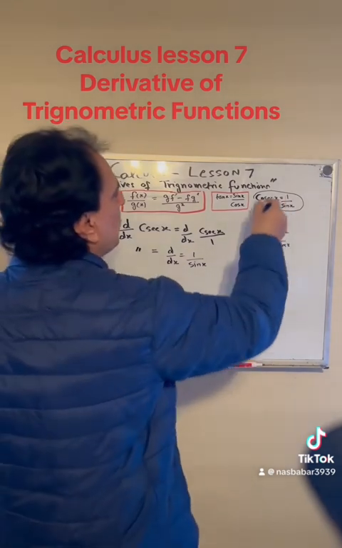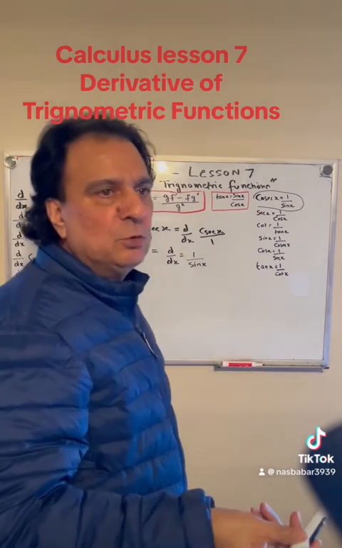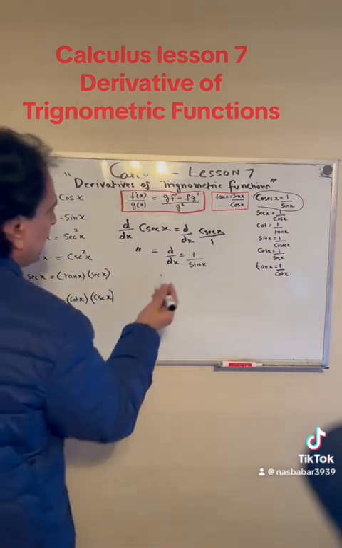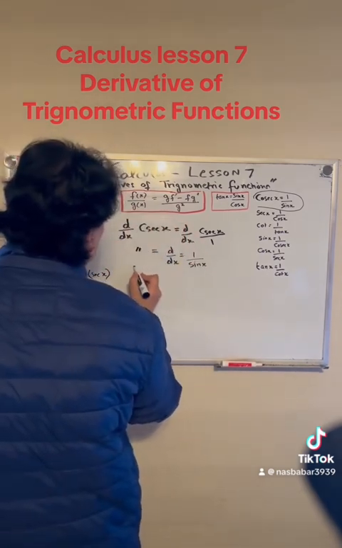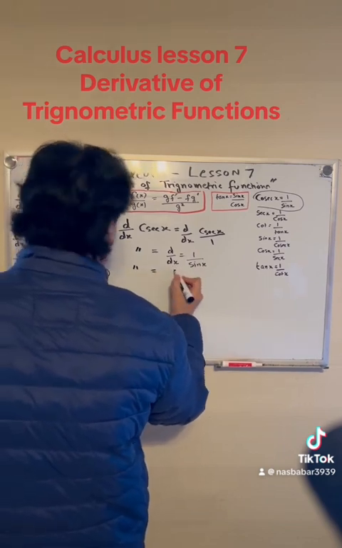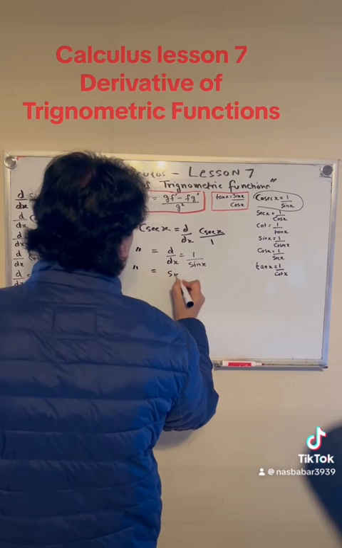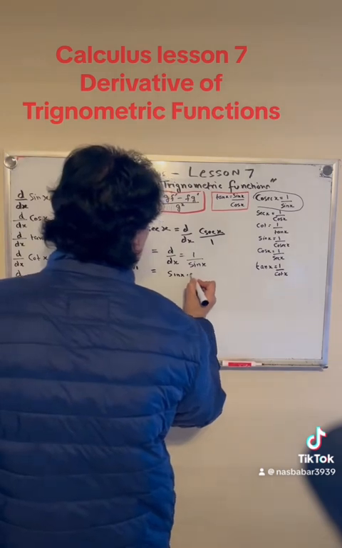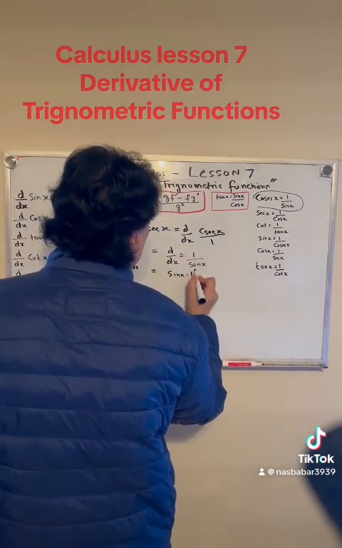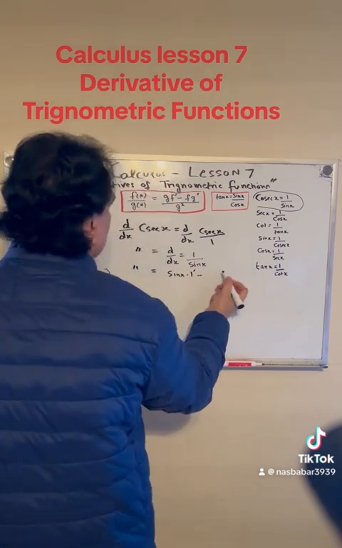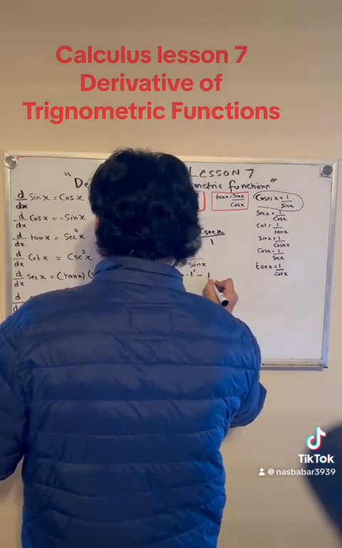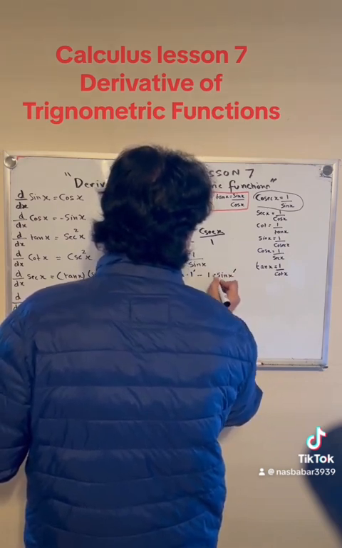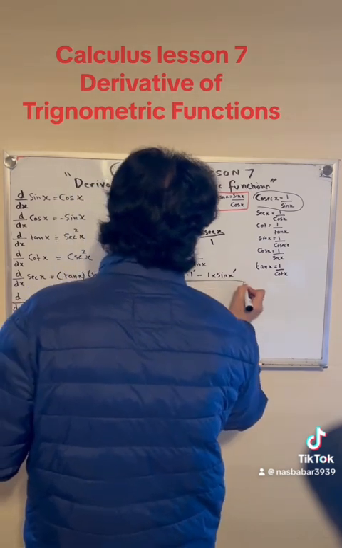Like I said, you'll have to memorize these. Some professors will give you that on the test, some might not. So then I can apply this formula right here, and I can say sine of x, this will be the g right here, times 1 prime, minus 1 multiplied by sine of x prime, and then over g square.